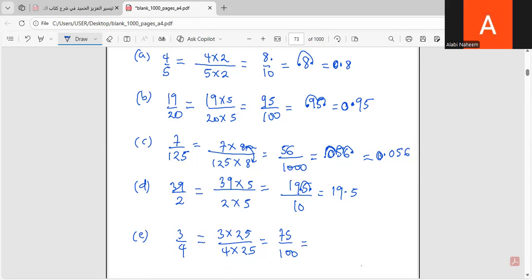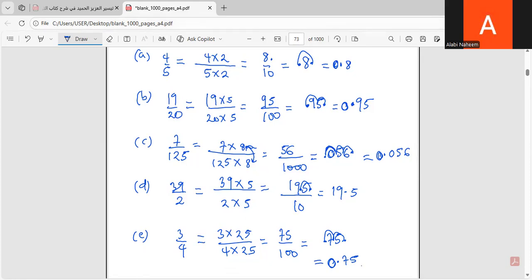Combine these two in decimal. 75 is a whole number, you have a decimal point at the end, right? 100 has two zeros. Move the decimal point to the left twice. 1, 2. The decimal point is now here. So you have 0.75. You can include a zero here, 0.75.